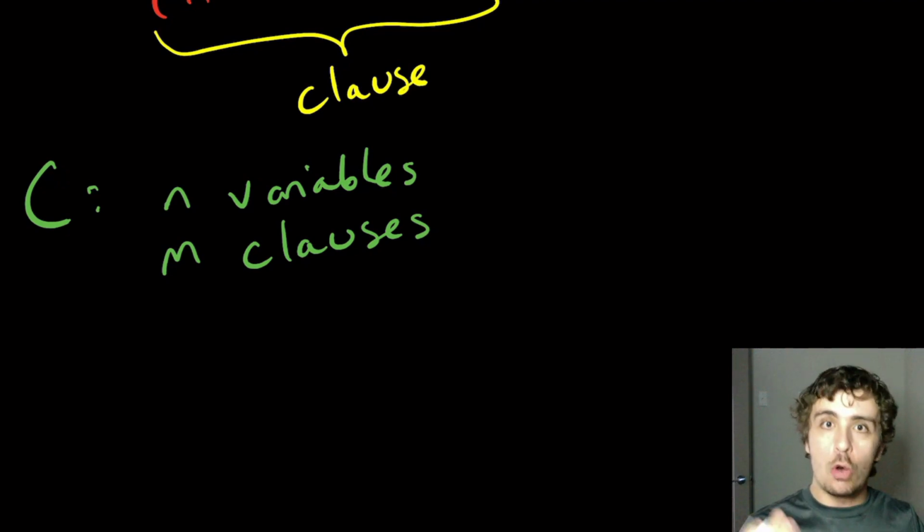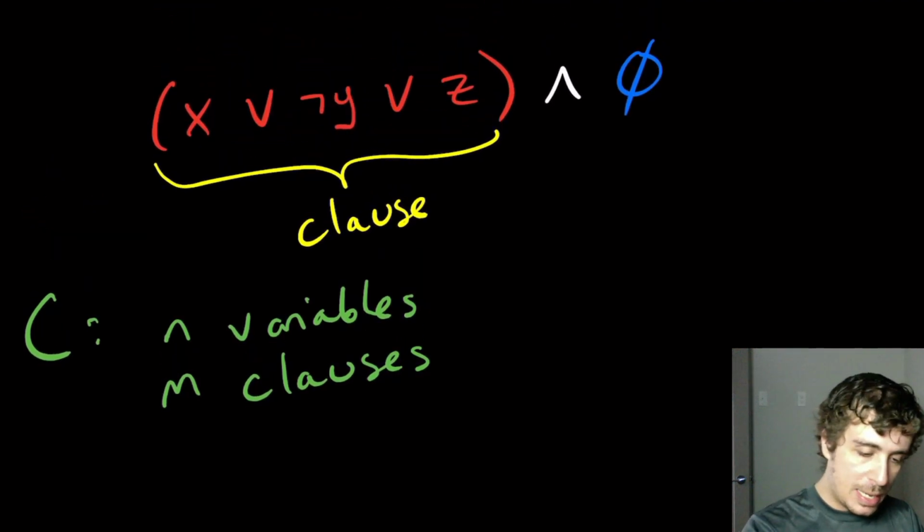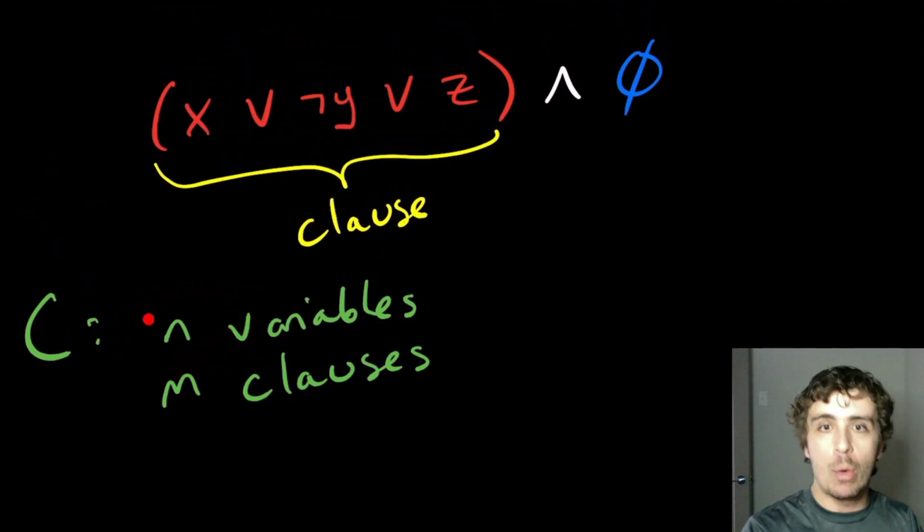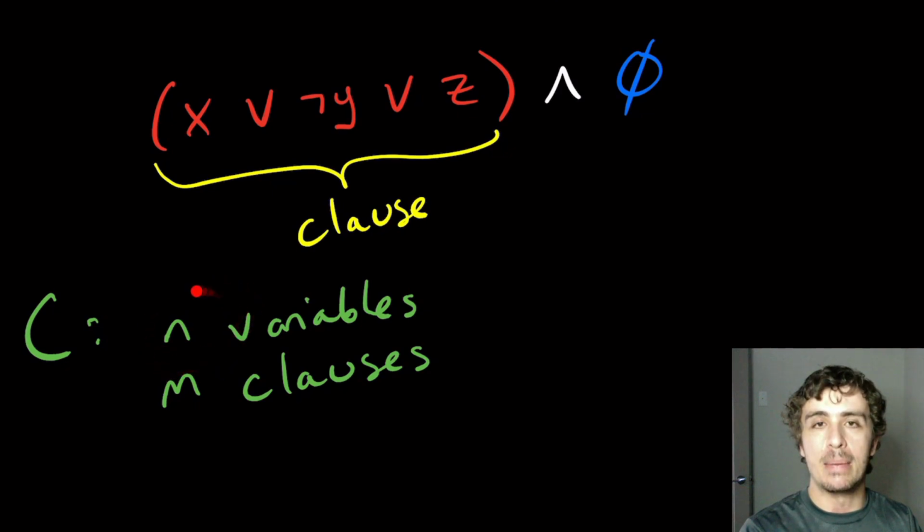It doesn't actually matter which is the n and which is the m here. Well, the total number of possible truth assignments to the n variables is 2 to the n. So I have 2 to the n possible ways of assigning all of the variables.